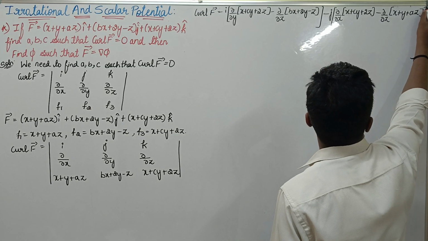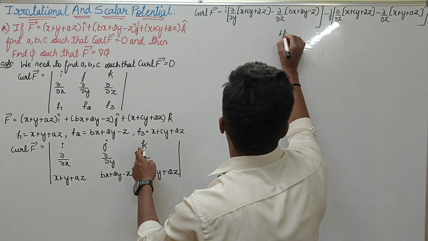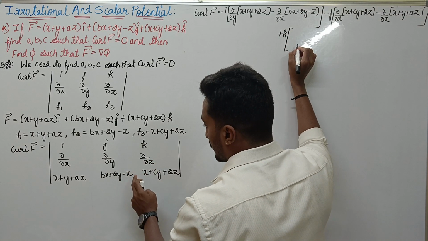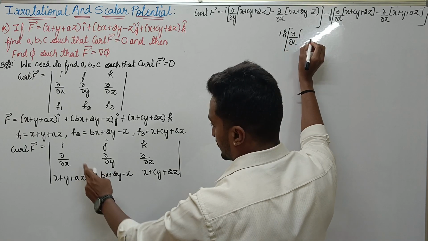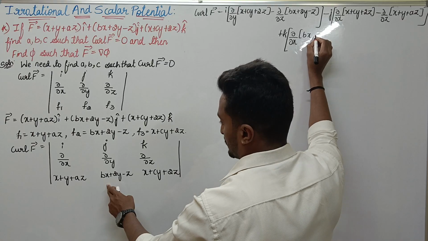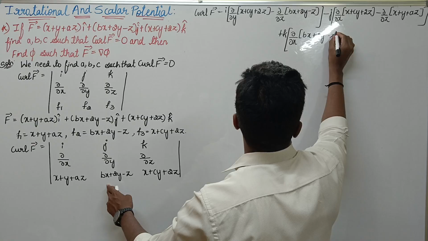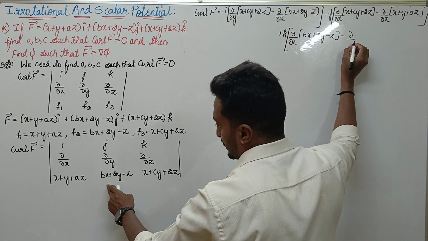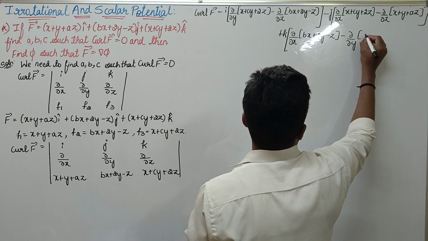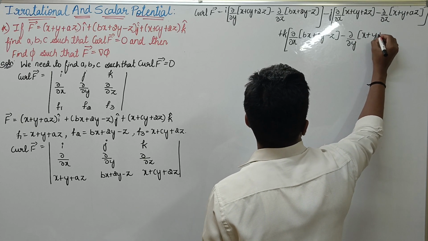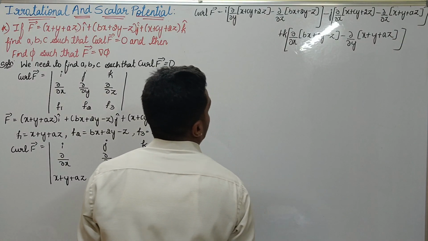Correct? Yes. Now the k term, that is plus k into del by del x of bx plus 2y minus z, minus del by del y of x plus y plus az.